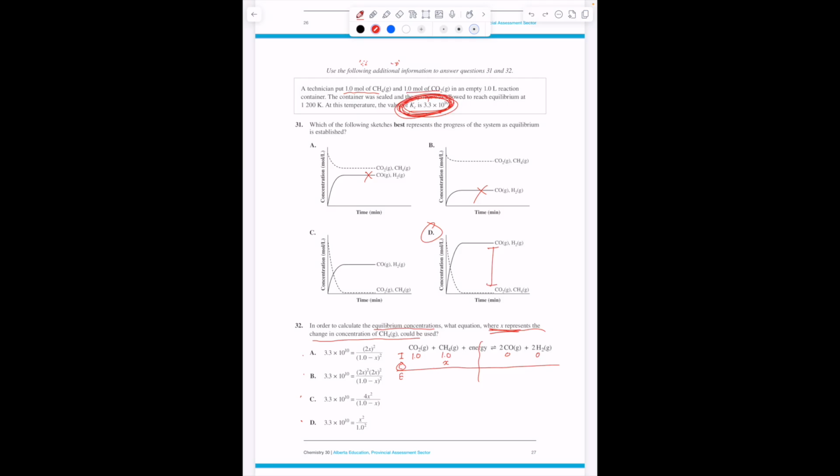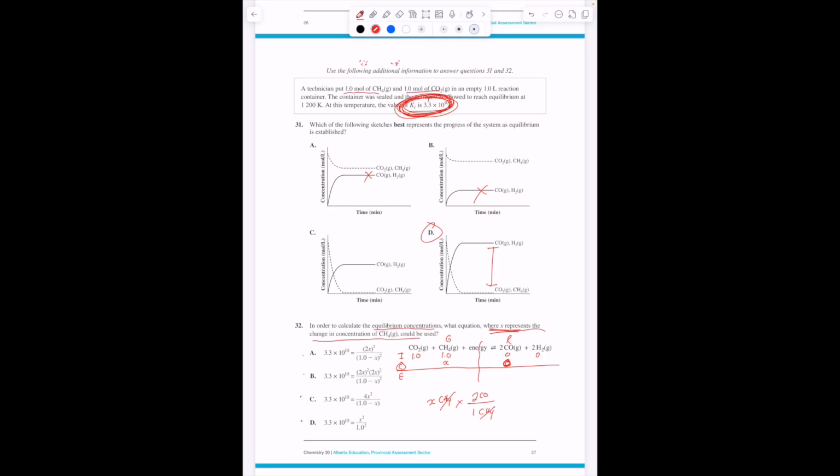If I have X CH4s, I got to times it by required over given. So let's say I'm trying to find that spot. My required is this one, and this is my given. I have 2 COs over 1 CH4. CH4 cancels, right?